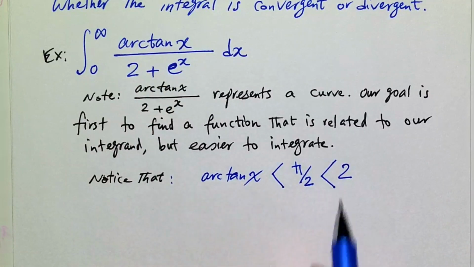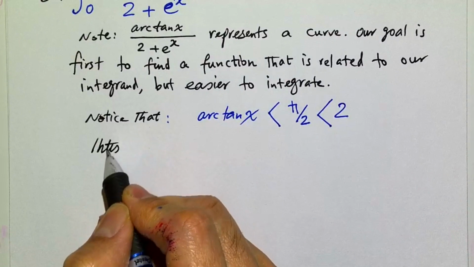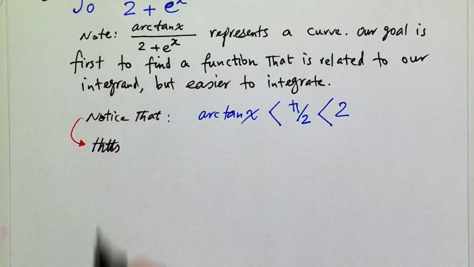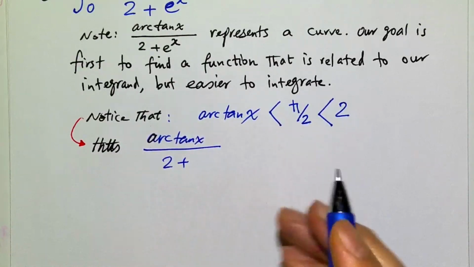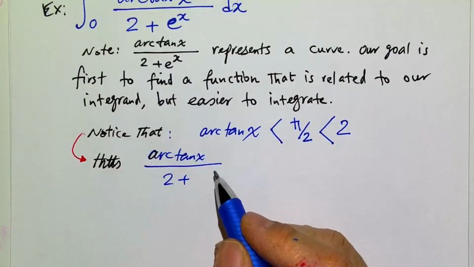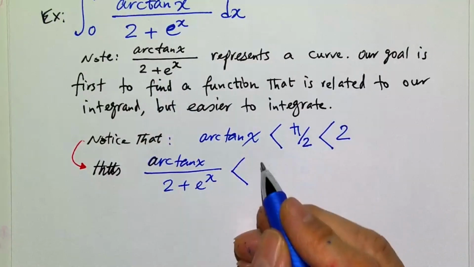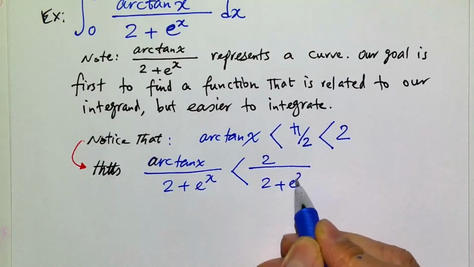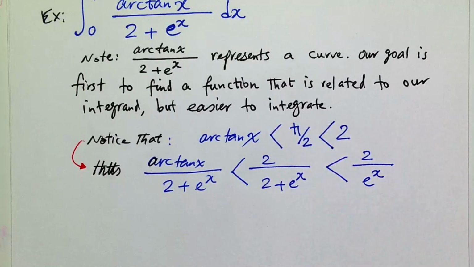notice that because of this, we are going to say that arctangent x divided by 2 plus e to the x must be less than 2 over 2 plus e to the x, and that must be less than 2 over e to the x.